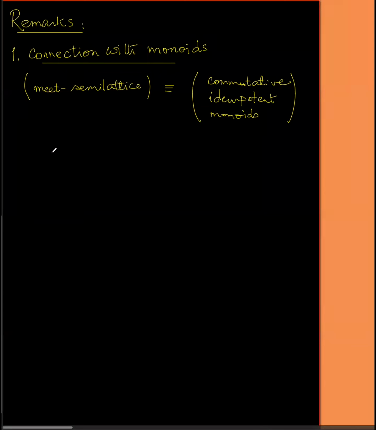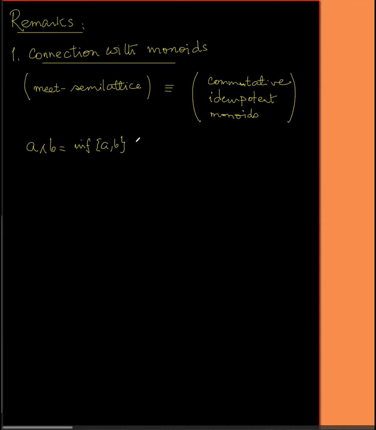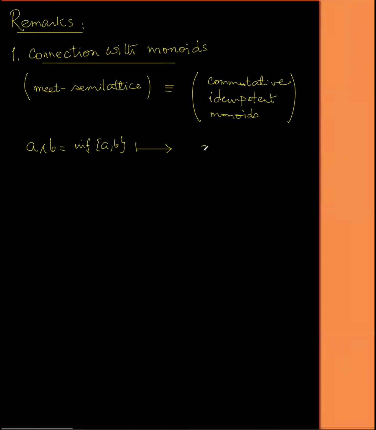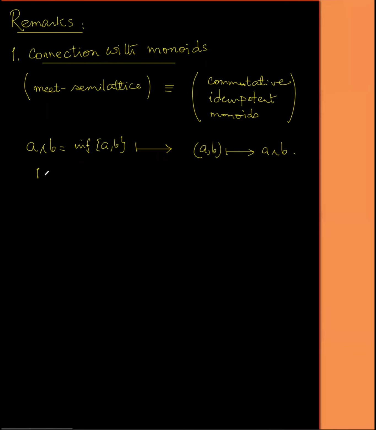And what was the connection? So if you had your meet semilattice, this was your infimum of this set {A, B}. Well, this was taken to this binary operation, and the empty set gave the identity, one was the infimum of the empty set.